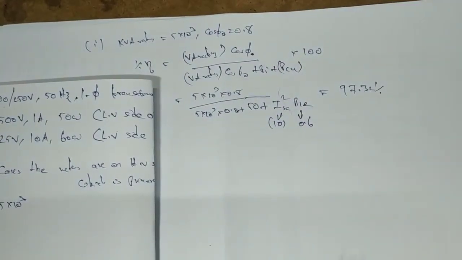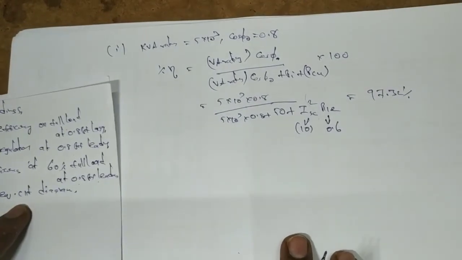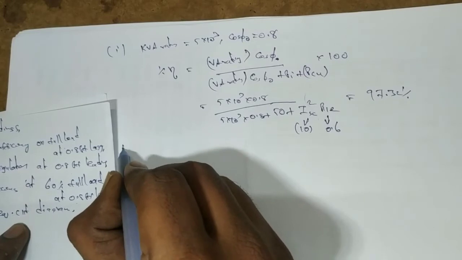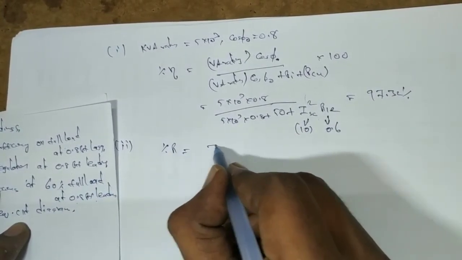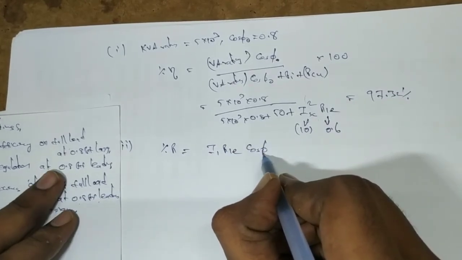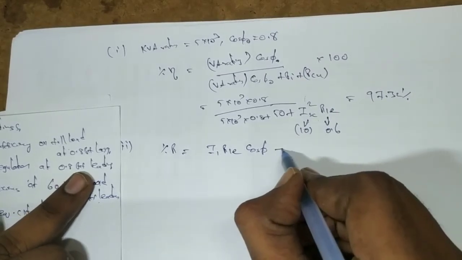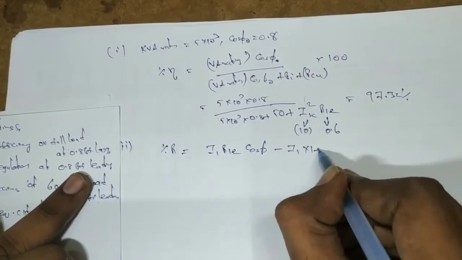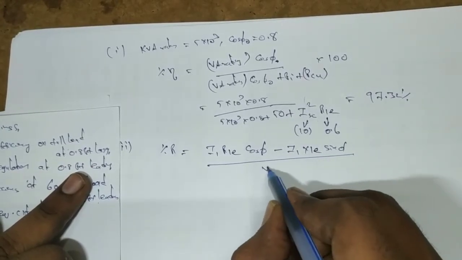Next, coming to the second part of the question, that is voltage regulation at 0.8 power factor leading. The regulation formula we already know, in which the sign will be plus or minus, but it is given as 0.8 leading power factor. Leading means we should consider the minus sign, that is I1 R1E cos phi minus I1 X1E sin phi, minus for leading, divided by V1 or E1 into 100.